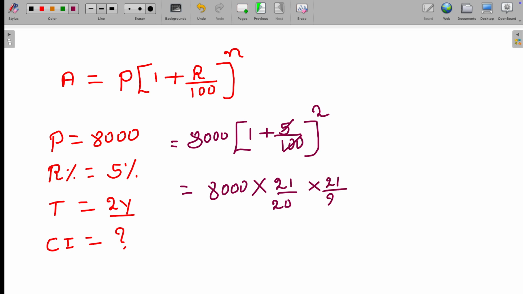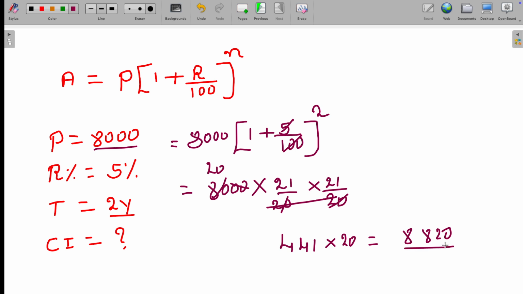The 20s get cancelled, 2 2s are 4, 4 2s are 8, 20 into 21 into 21, 21 into 21 is 441, into 20 is 8820, correct? 8000 is the principal, 8820 is the amount, which means the interest will be 820. This is the basic method.